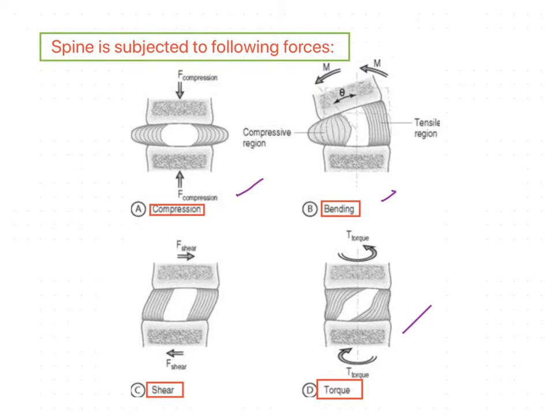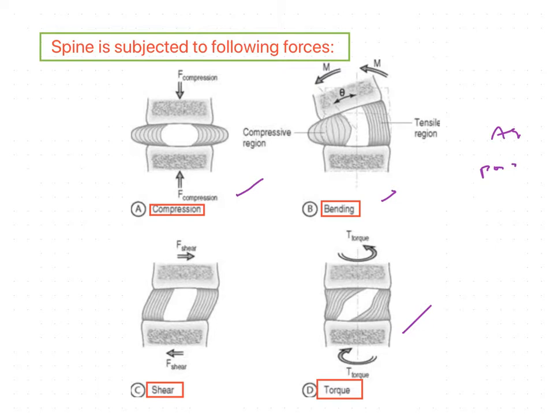These forces are dependent on the type, duration and the rate of loading, and also the person's age, posture, and the condition and properties of various structural elements like vertebral bodies, joints, discs, muscles, joint capsules and ligaments, and very very important thing, the integrity of the nervous system. All these things are going to affect these forces.